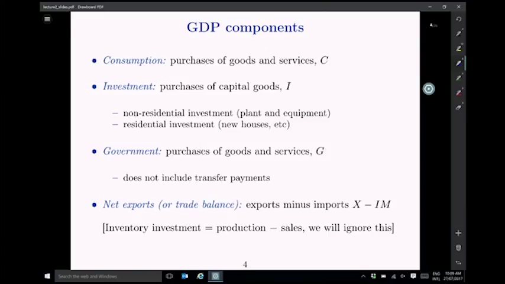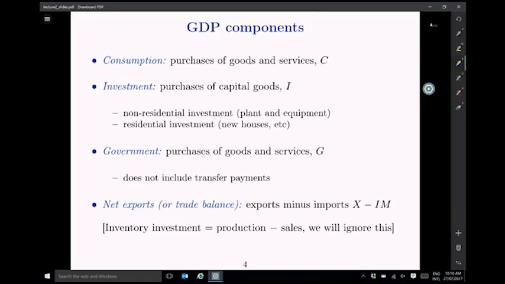For example, I don't know if you receive any government transfer payment, but I do. My daughter goes to childcare, and I receive childcare rebates from the Australian government. So this part of transfer doesn't represent any new production of goods and services, right? So this part is not part of government purchase or government spending.